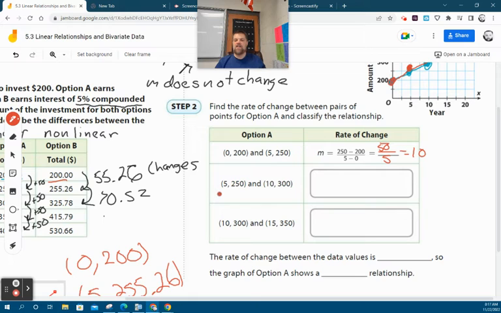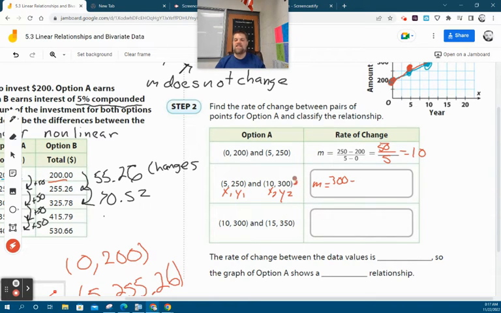10. Now here, remember, this is x sub 1, y sub 1. This is x sub 2, y sub 2. So we're going to say m is equal to y sub 2, which is 300, minus y sub 1. What's y sub 1? So this is the funny part to me.